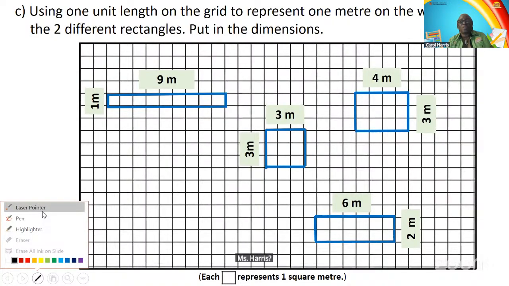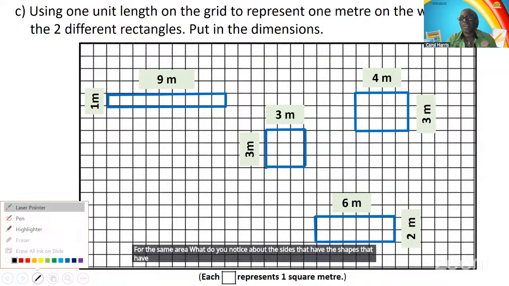Ms. Harris, what do you notice about the rectangles that have a 1 meter side? For the same area, are the perimeters bigger or smaller? Type that in the chat quickly for me, please. Look at your calculation.